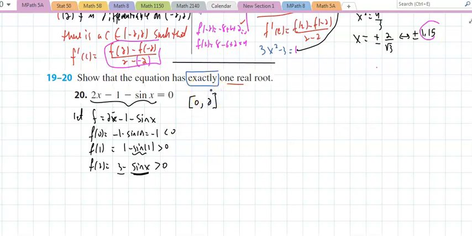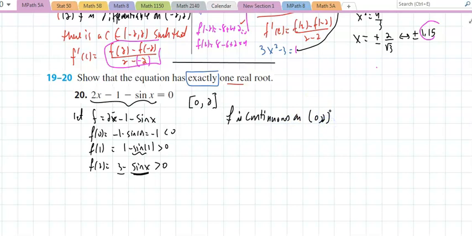And this is what I'm going to say, you guys. I'm going to say f is continuous on 0 to 2.